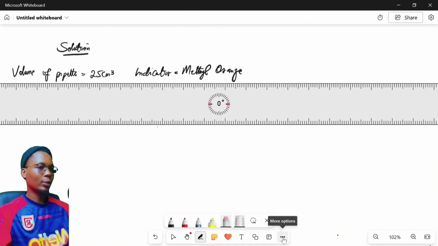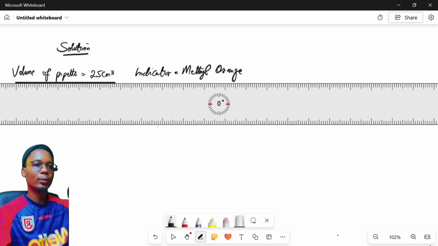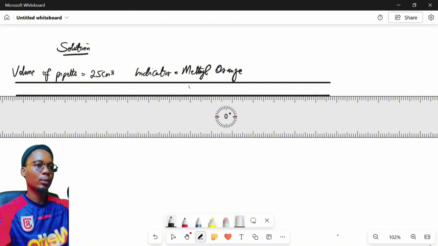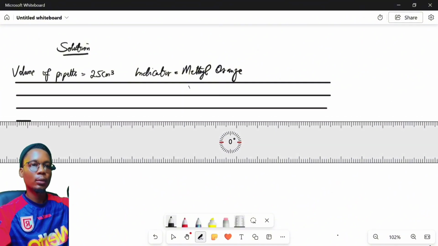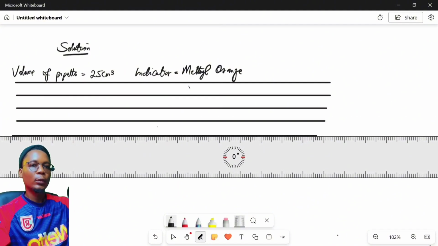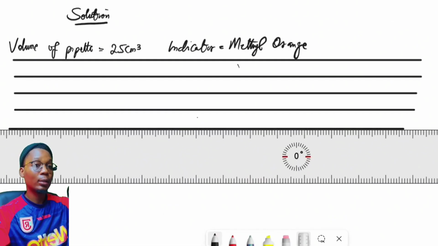All right, guys. So you can now draw our table. Here we are going to have our burette reading, and it's going to be in cm cubed. In most cases, some people go for rough.